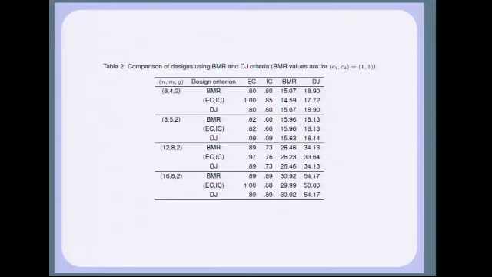Now, if we move to the same thing here, with some variation in the number of runs and main effects, here we have 8 runs, 4 main effects, and 2 two-factor interactions. So typically, a model space where we have something like A, B, C, D, AB, AD, and so on, a model set like that.